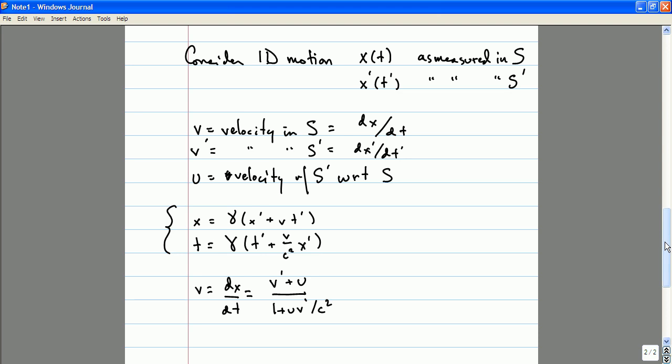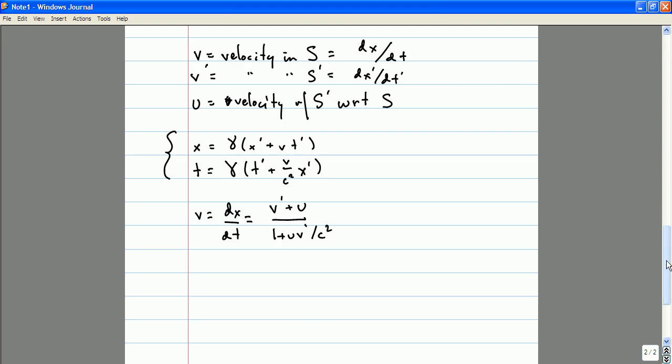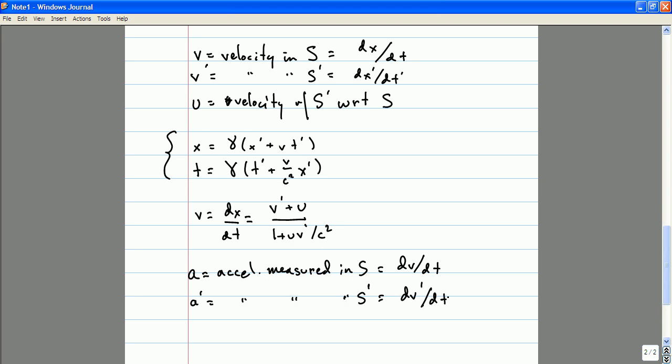Okay. We saw that in order to think about forces, we need to understand not just how velocity changes between frames, but also how acceleration changes between frames. So let's define A to be the acceleration of this object as measured in the S frame. So that's dv by dt. And A prime to be the acceleration as measured in the S prime frame, which is dv prime by dt prime.